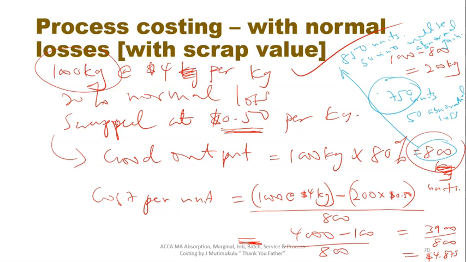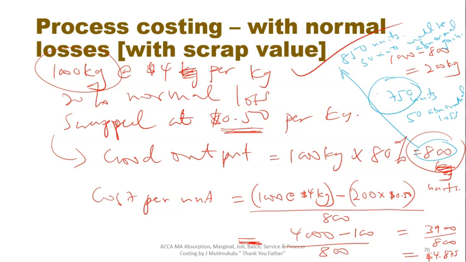Okay, that's the idea. But the issue now is, at what value are we going to value these goods? Are we going to value them at the normal loss value, or at what value? Okay, one thing we have to understand is that each unit of abnormal cost would actually be costing the same way as the cost of the finished goods.